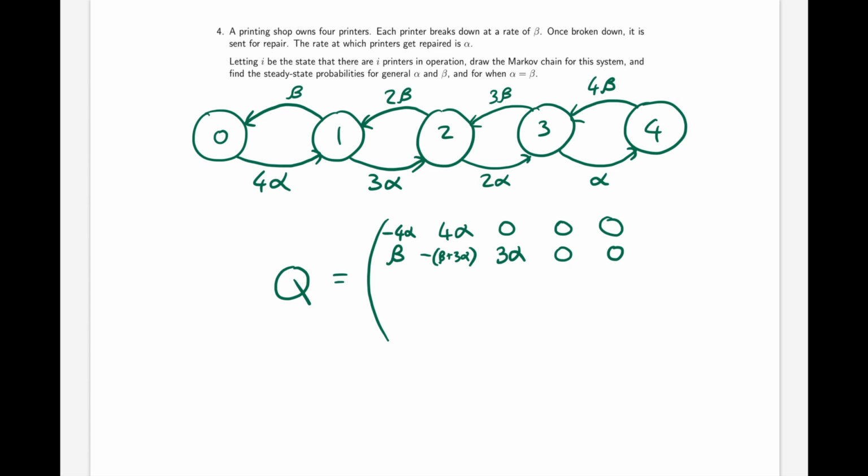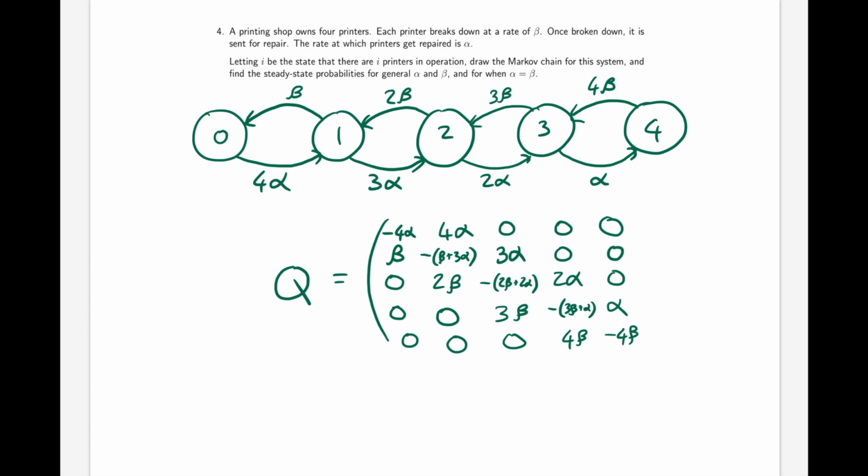Similarly, for state 2, state 3, and state 4, which would be our transition rate matrix.